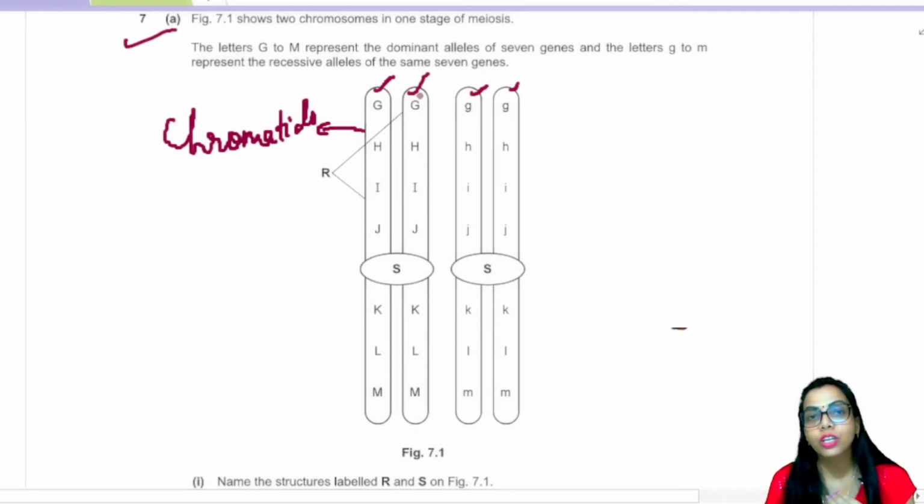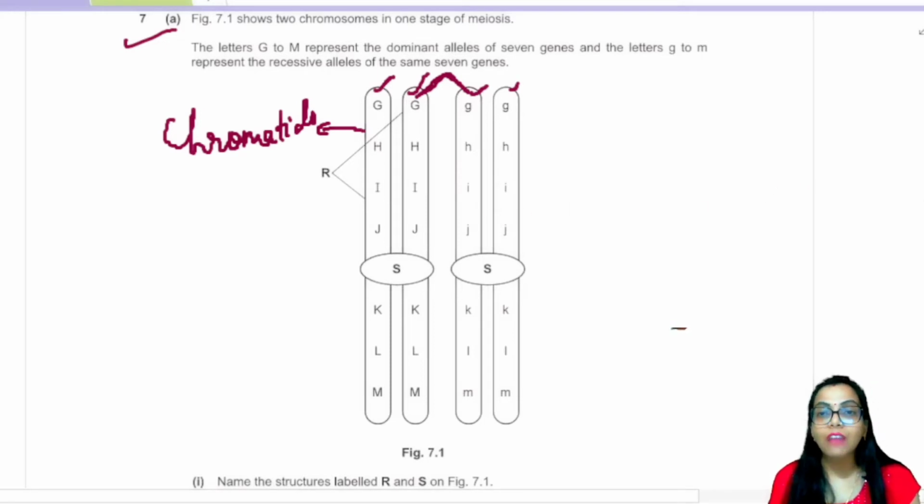But suppose the question is asked like this, these two are, then you must focus on the question and write non-sister chromatids. If the arms of two different chromosomes are asked, then it will be non-sister chromatids. If the arms of the same chromosome are asked, then it will be sister chromatids.